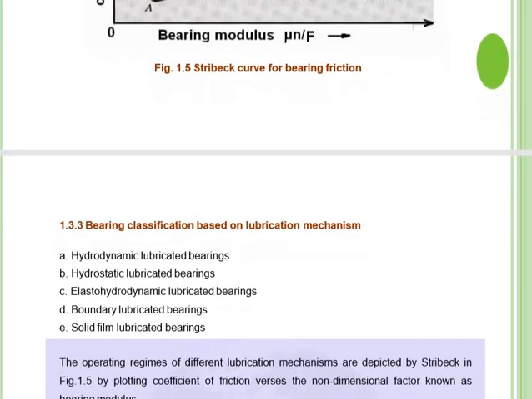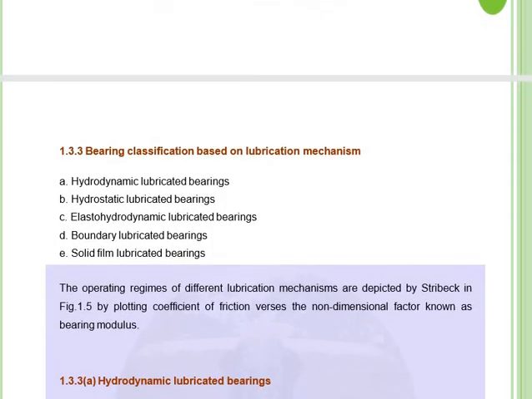Now, according to the classification based on lubrication mechanism, we classify hydrodynamic lubrication bearings, hydrostatic lubrication bearings, elasto-hydrodynamic lubricated bearings, boundary lubricated bearings, and solid film lubricated bearings.